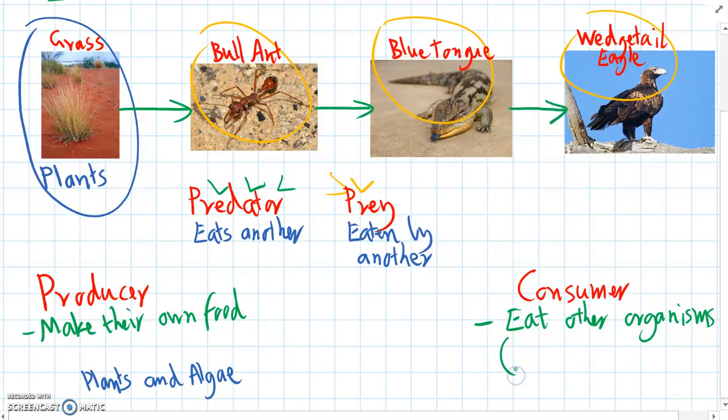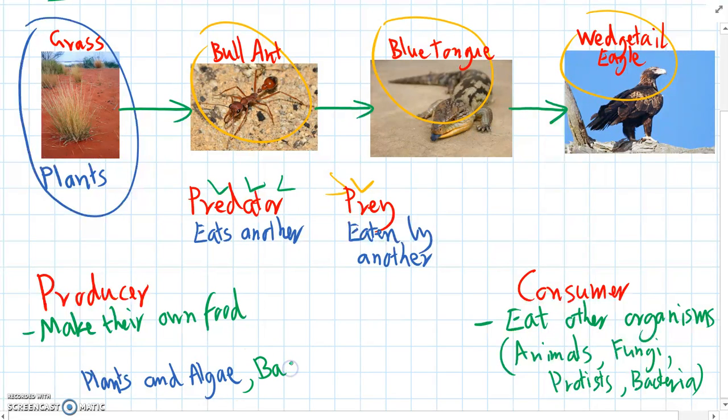So this includes all of our other kingdoms that we've learnt about, animals and fungi, protists and bacteria. These are all consumers, although some bacteria are producers as well, and some protists.